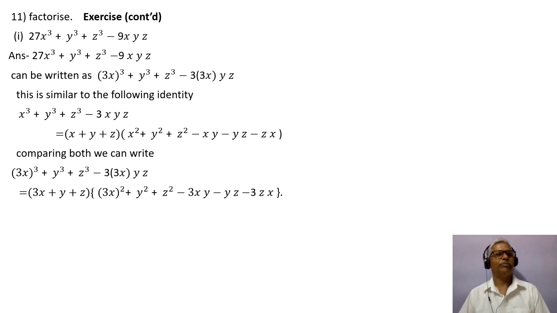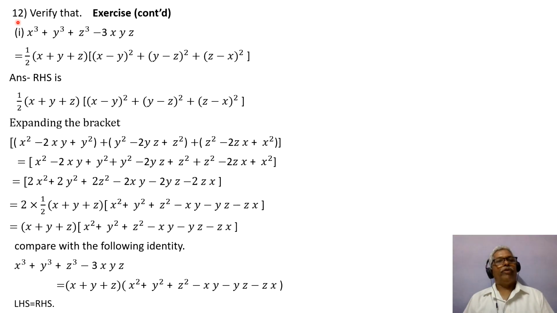Okay, very simple. Next one, verify that x³ + y³ + z³ − 3xyz equals 1/2 (x + y + z) in one bracket and another bracket, (x − y)² + (y − z)² + (z − x)², bracket complete. Okay, now for the answer, we are concentrating only on the right hand side.